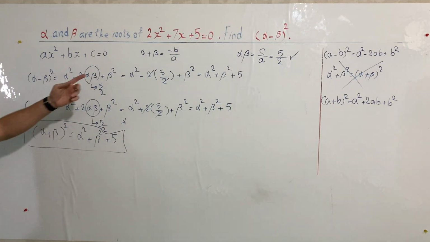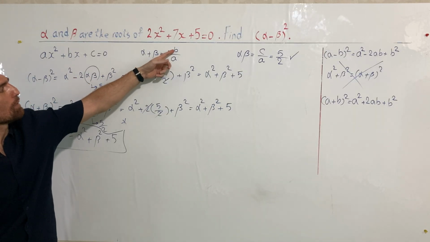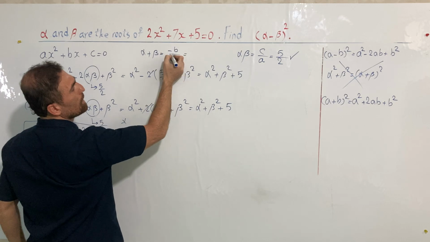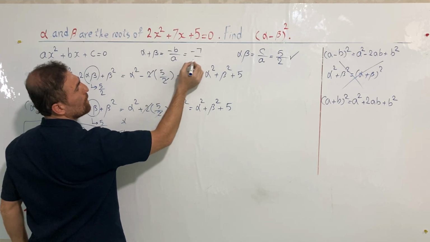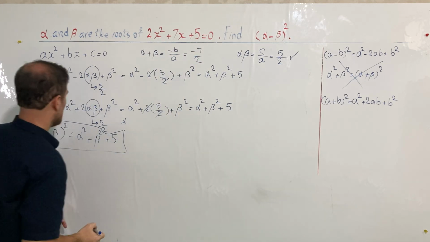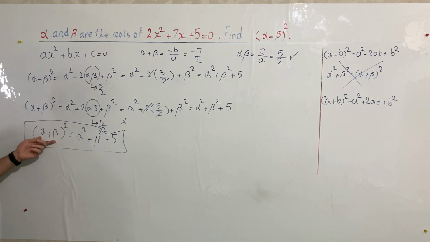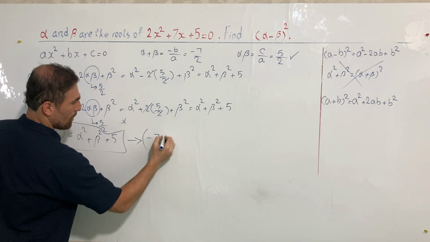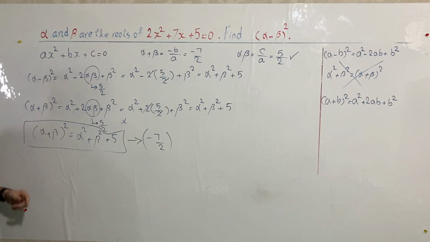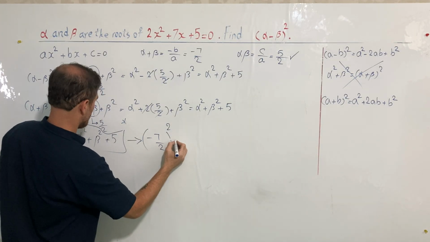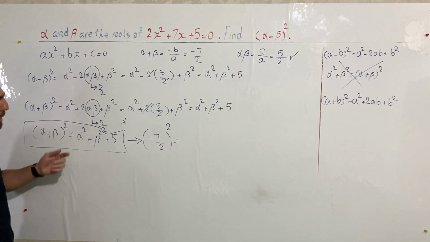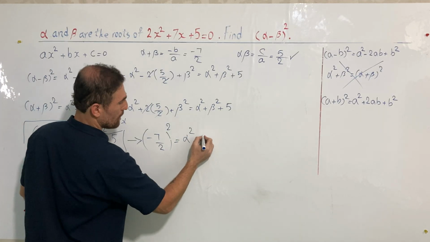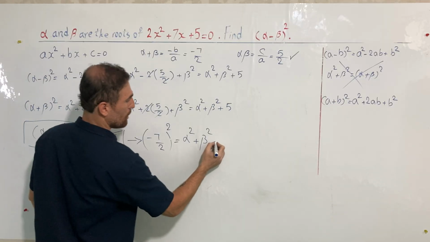We have alpha plus beta equals negative b over a, which in this case means negative 7 over 2. So, let me put here negative 7 over 2. Alpha plus beta squared, so we have to the power of 2 here, equals alpha squared plus beta squared plus 5.